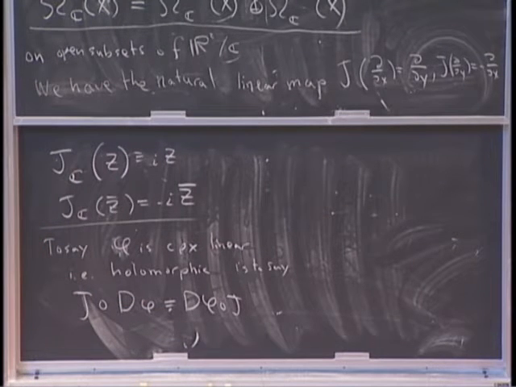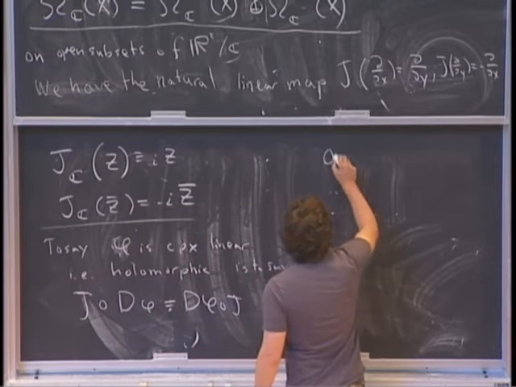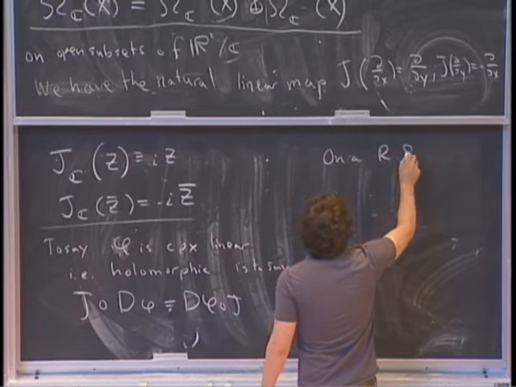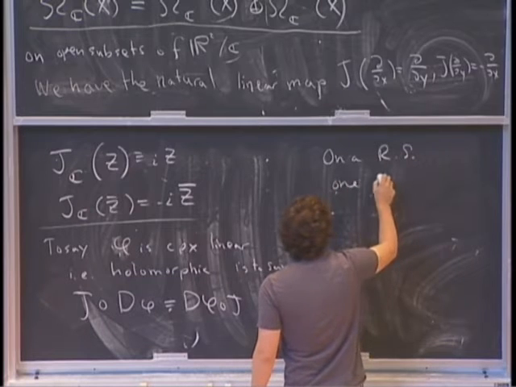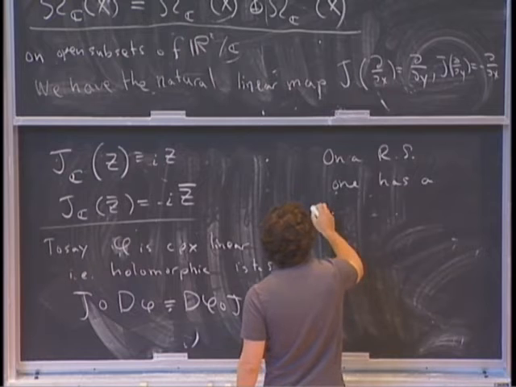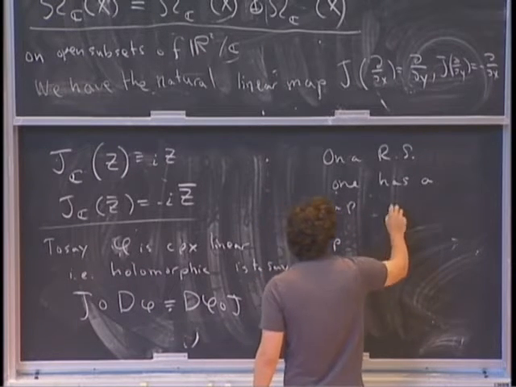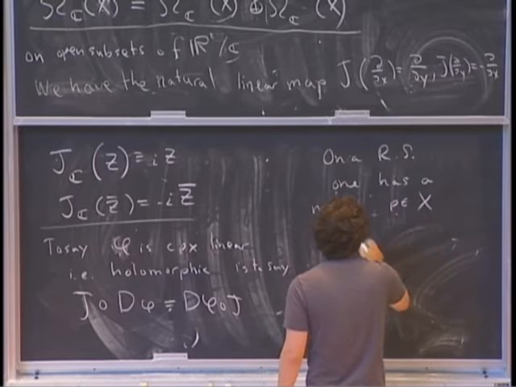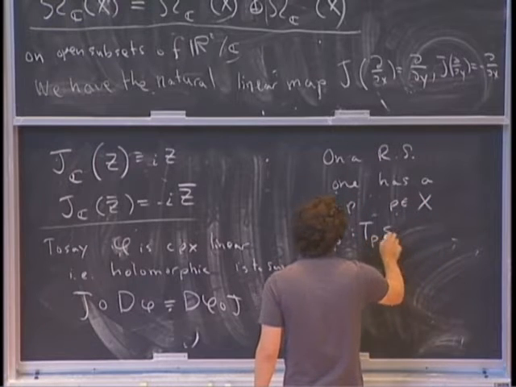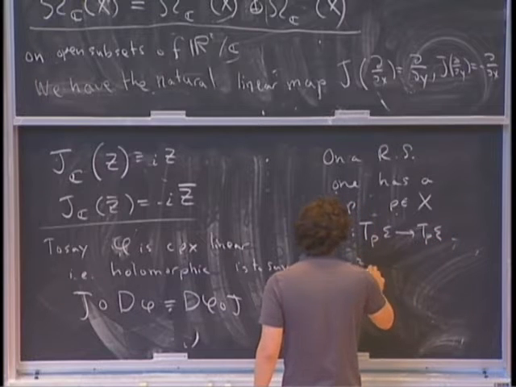And so what one gets, in general, on a Riemann surface, is a map J_P for each point P in X that takes the tangent space at P of sigma to the tangent space at P of sigma, and J_P squared is minus the identity.